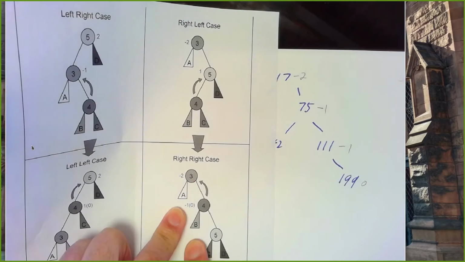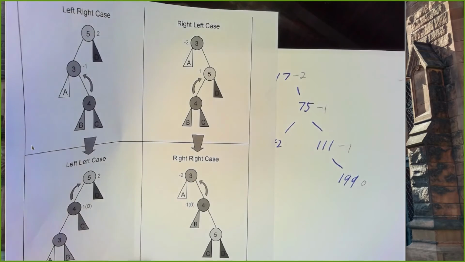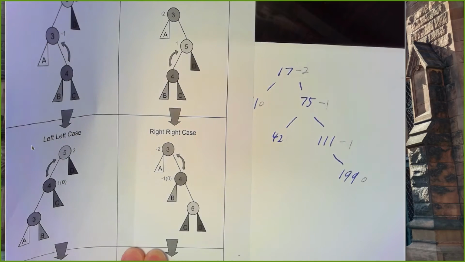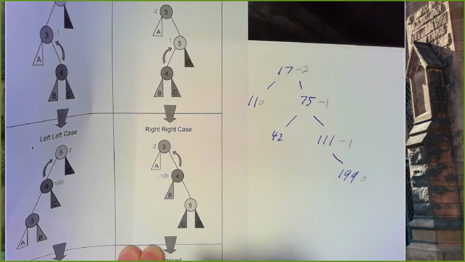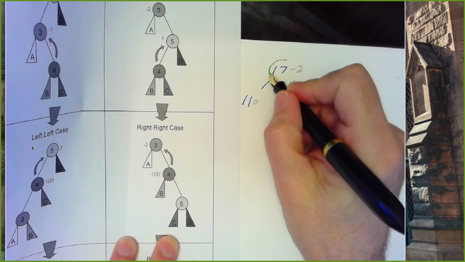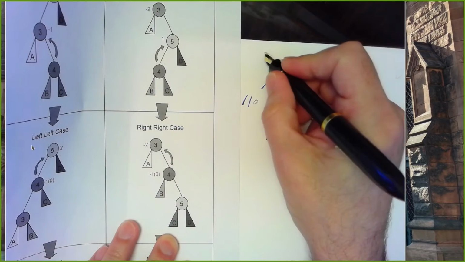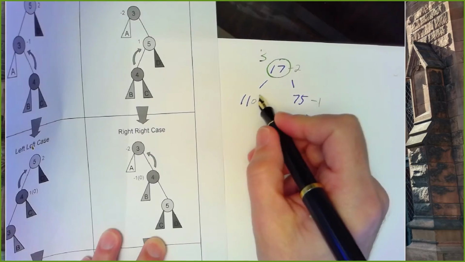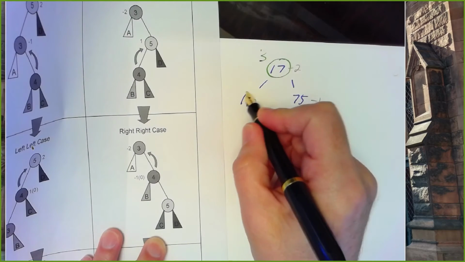That's a right case. So let me label our pieces of our tree like we did before. This is node 3, that's where the imbalance is. This is subtree A.